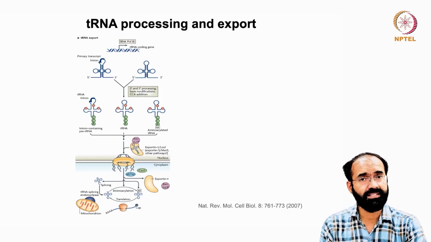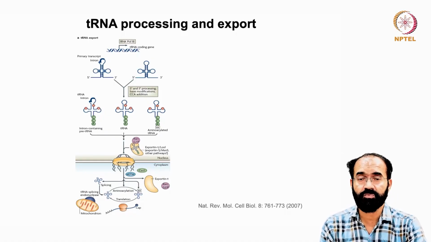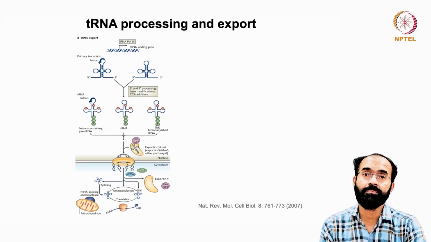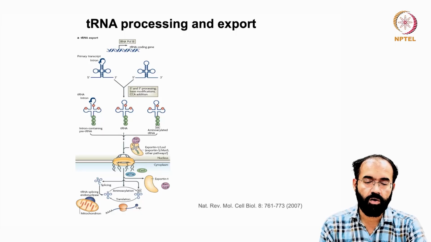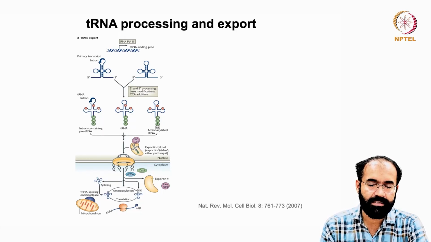It is holding the tRNA along with the intron, probably because it's defective. It has to be marked for degradation. For some, the aminoacylation will happen in the cytoplasm, not in the nucleus. For some, the aminoacylation can happen in the nucleus itself. For all these categories, you need exportin T and exportin S, and also other pathway proteins.